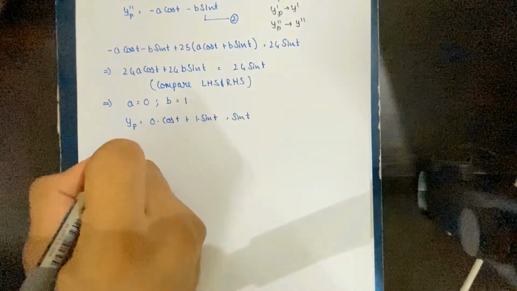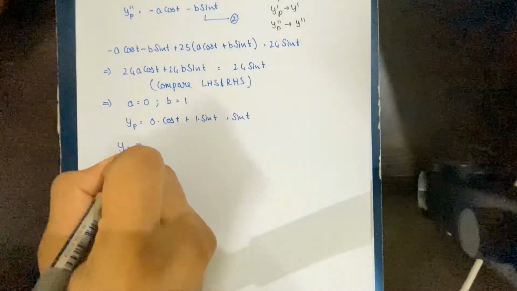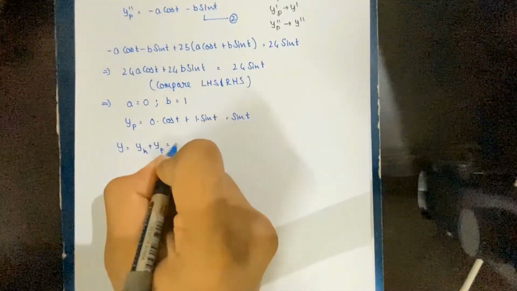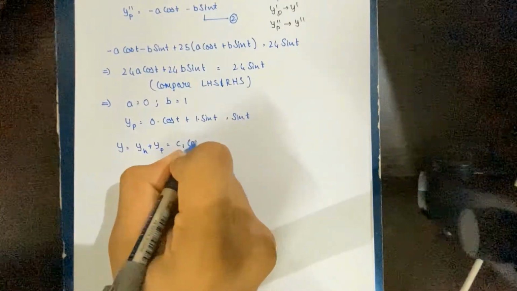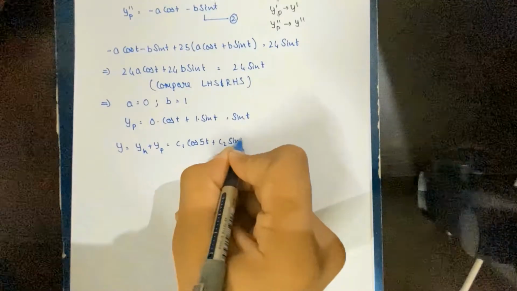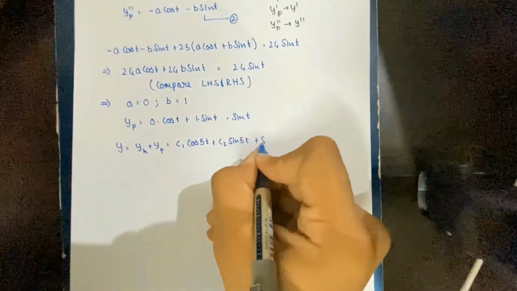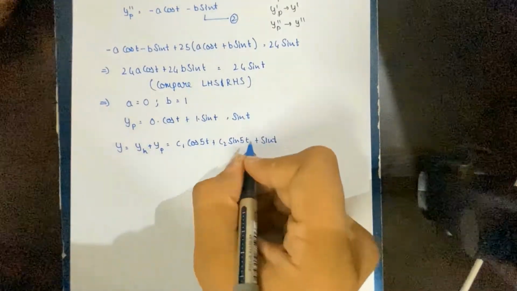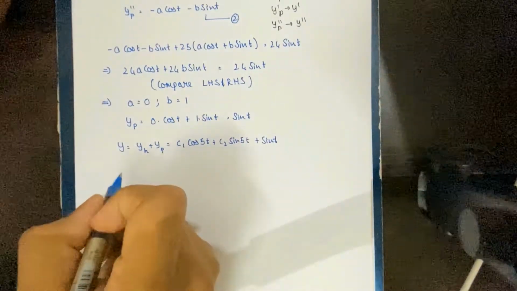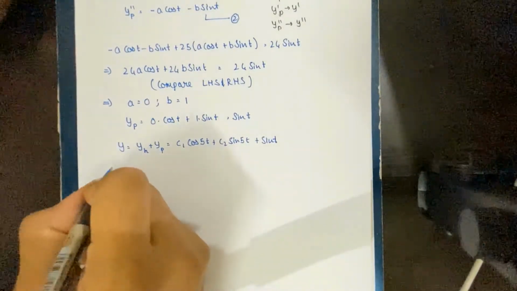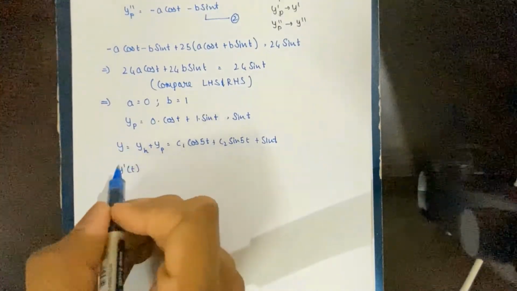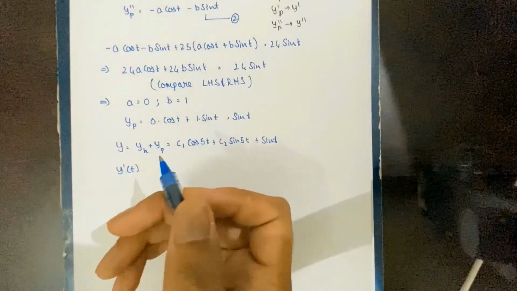Now we have y equals yh plus yp, that is c1 cos 5t plus c2 sin 5t plus sin t. Now we need to differentiate this to get y dash of t. This y is essentially a function of t, so y is y of t.